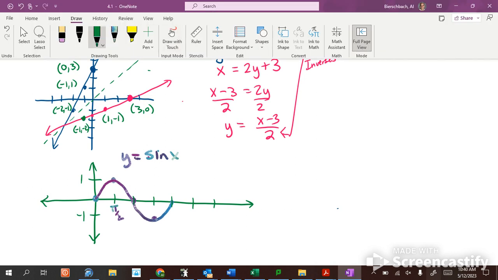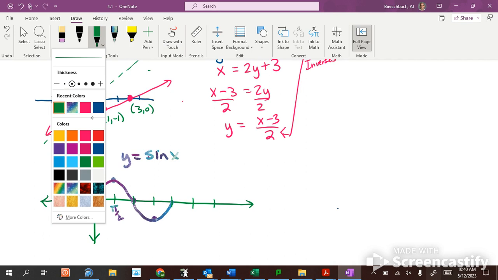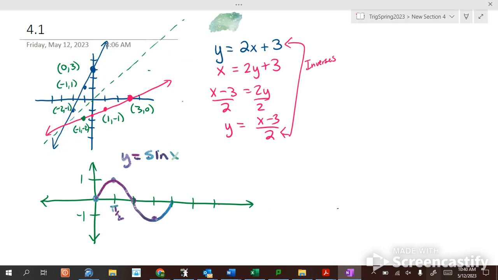So if we take the inverse of that stinking function, okay, what would it look like? Well, 0, 0 would still be 0, 0. But then 1 would go to pi over 2. So what is pi divided by 2? It's like 1.56, something like that. So this point 1 would go to pi over 2.